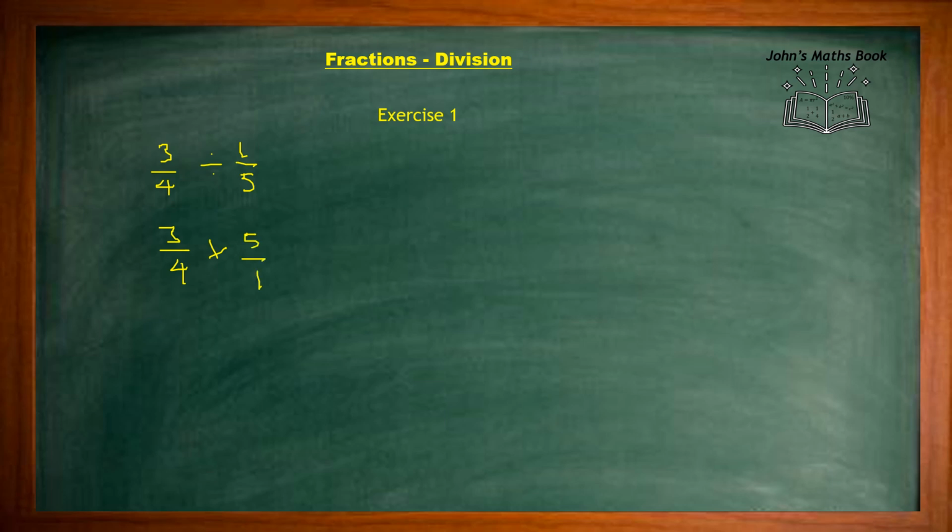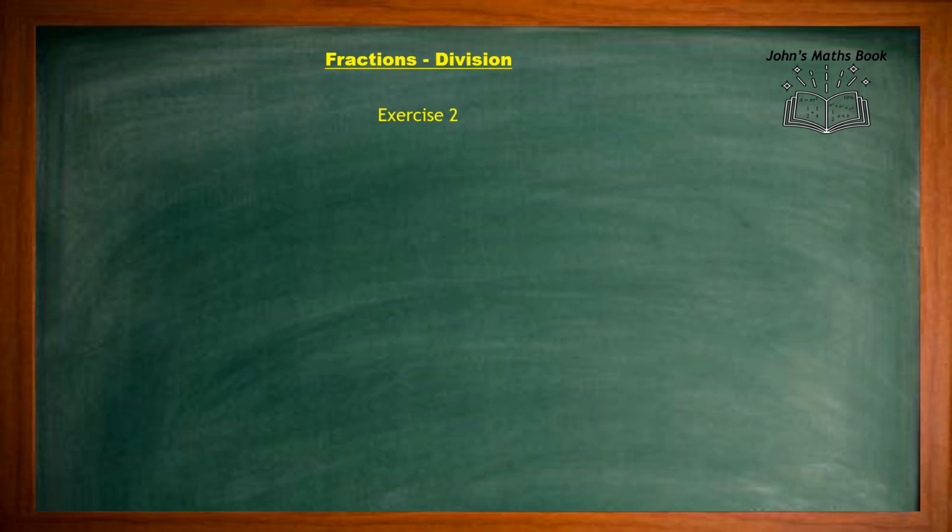That gives 3 times 5 divided by 4 times 1. And that gives 15 over 4, which is 3 3/4. That's an improper fraction.